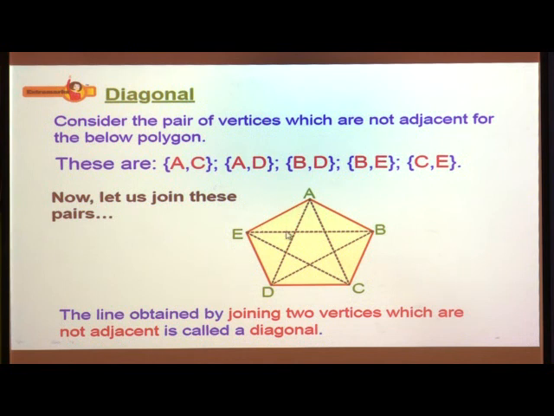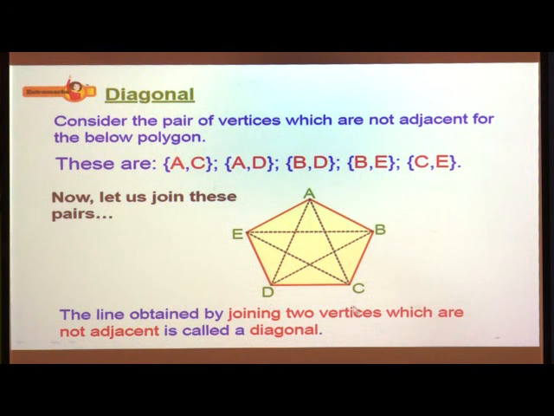So these are called diagonals. The line obtained by joining two vertices which are not adjacent is called a diagonal. What is meant by not adjacent? The points do not lie on the same line.